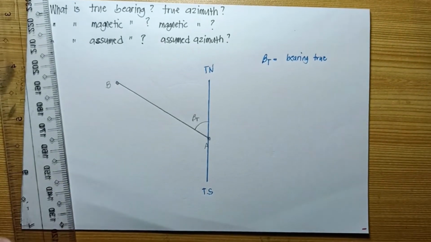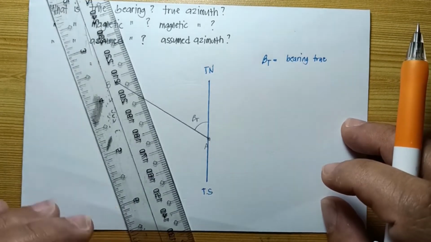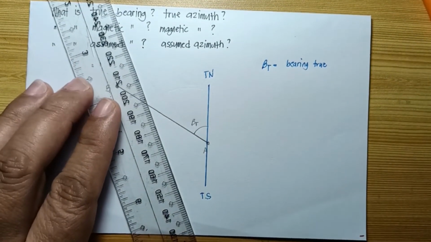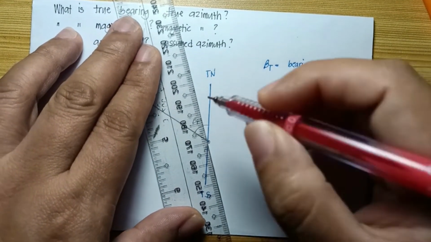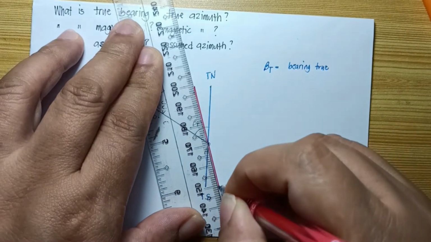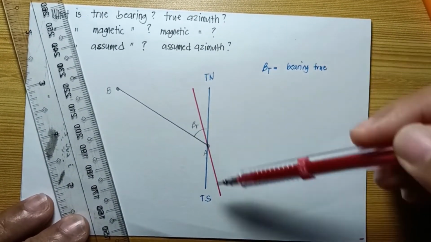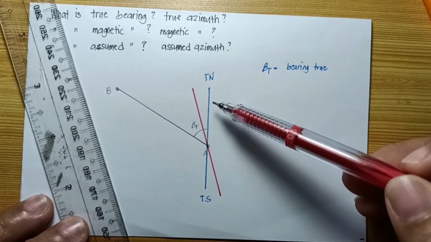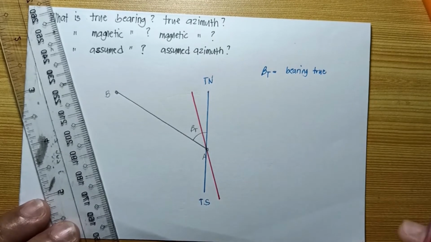Okay, so if there is an assumed meridian, for example your assumed meridian is located somewhere here. This is the assumed meridian. Because the assumed meridian, we do not know, might be in that direction, in this direction, or sometimes it coincides with the true meridian.